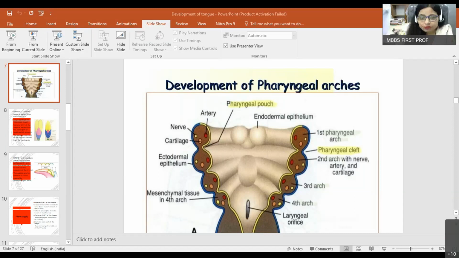ठीक है. तो नाउ द सेकंड आर्च हैज गॉट इट्स प्री ट्रॉमेटिक ब्रांच टू द फर्स्ट आर्च. ठीक है. तो सेकंड आर्च की नर्व क्या होती है? Facial. Facial giving its branch to the first arch, that is tympani.